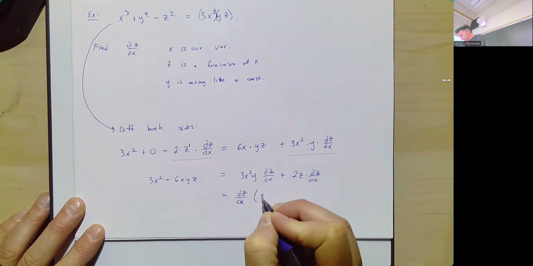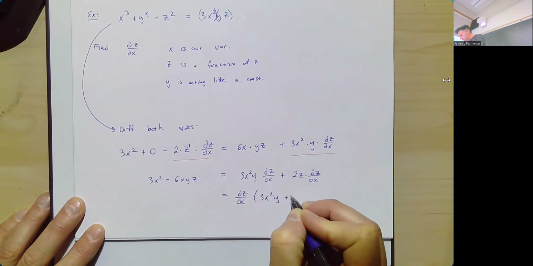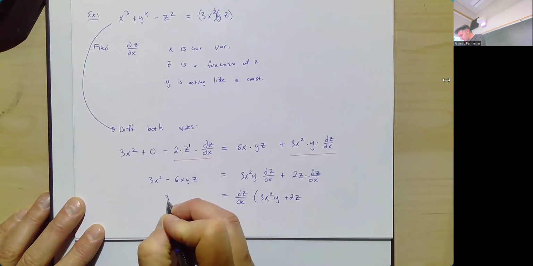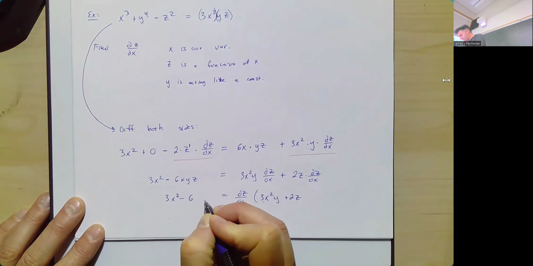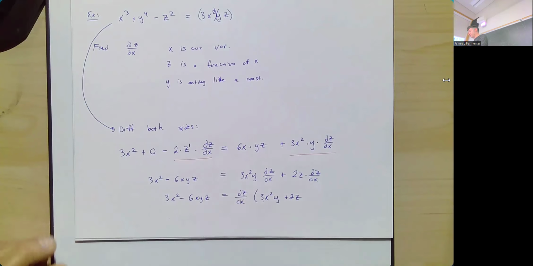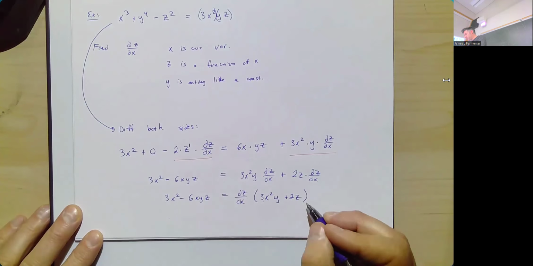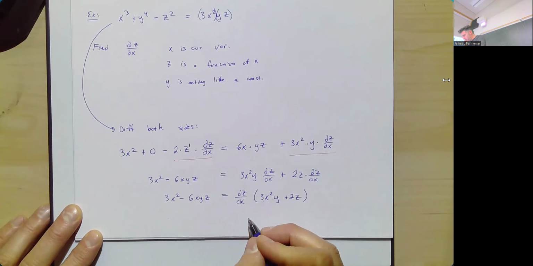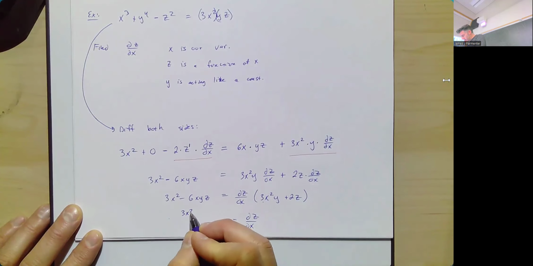So I'm left with 3x squared y plus 2z, still equal to the same left hand side of 3x squared minus 6xyz. And finally, divide by this thing over here to isolate del z del x. So del z del x is going to equal 3x squared minus 6xyz divided by 3x squared y plus 2z.